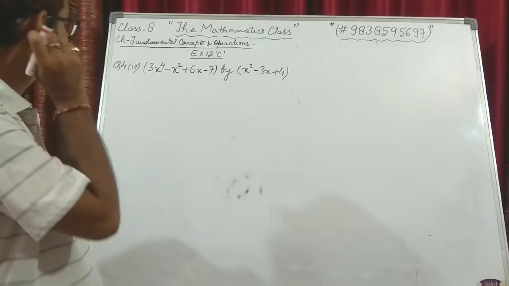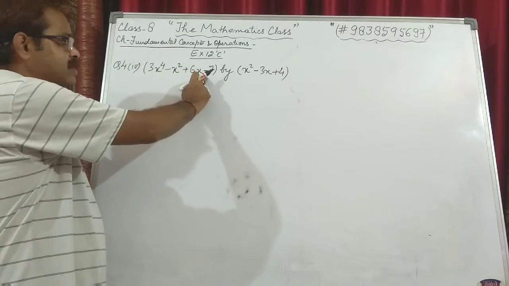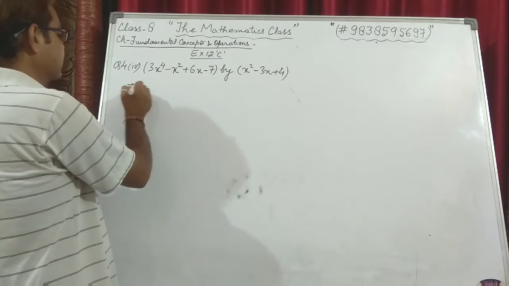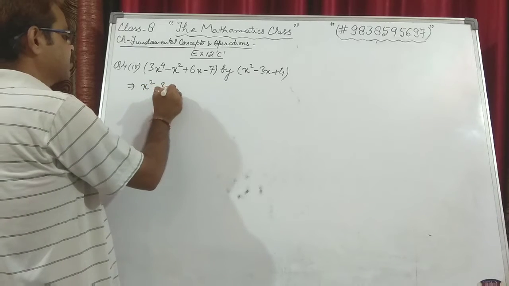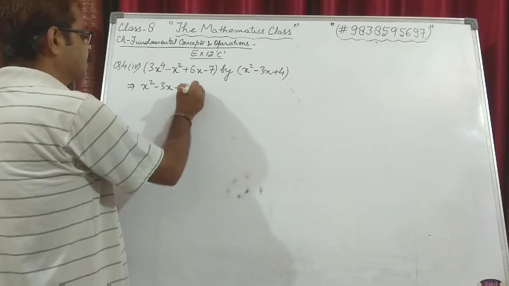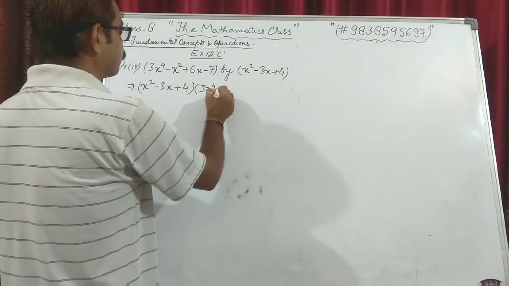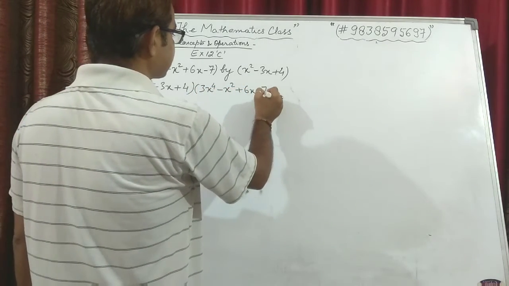Now in the fourth part, the question is to multiply 3x to the power 4 minus x square plus 6x minus 7 by x square minus 3x plus 4. Again we will do the same thing, that is x square minus 3x plus 4 into 3x to the power 4 minus x square plus 6x minus 7.